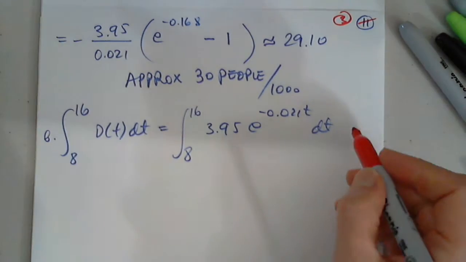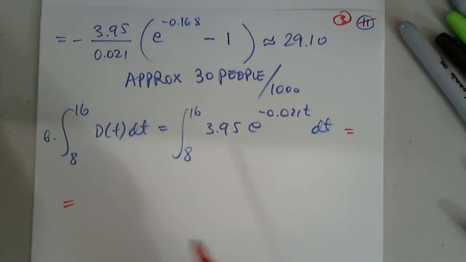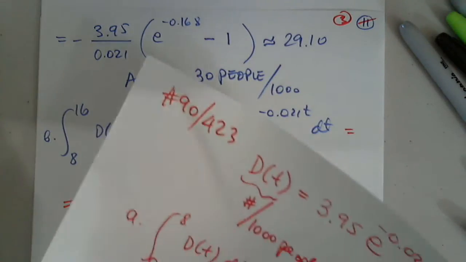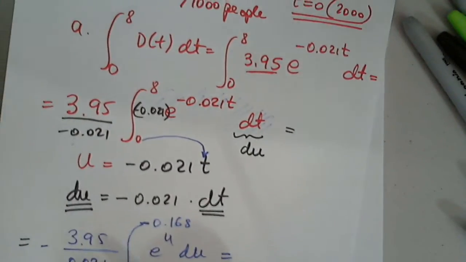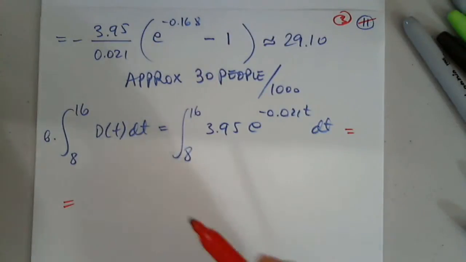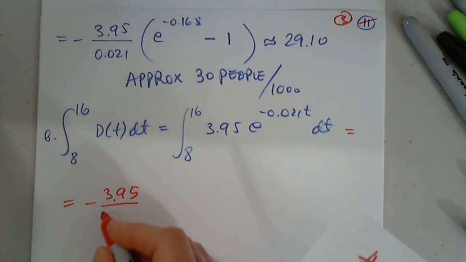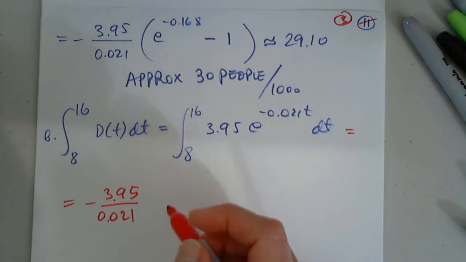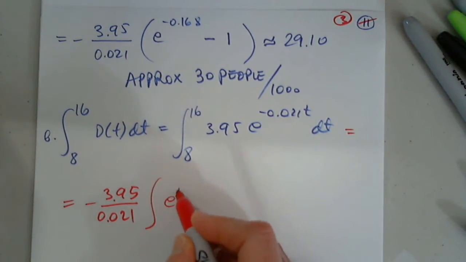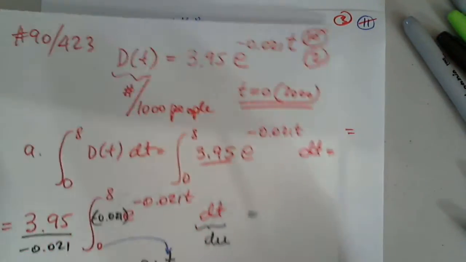So in order to determine this integral, we already have done the calculations. It's negative 3.95 over 0.021 times the integral of e to the u du.